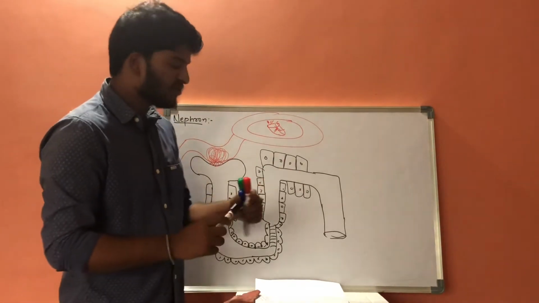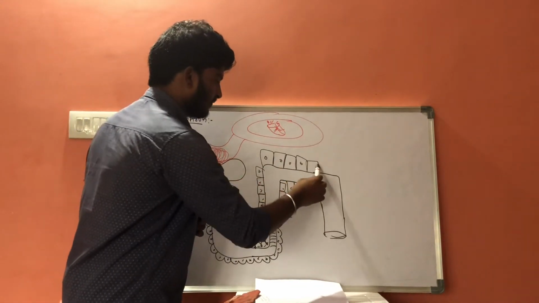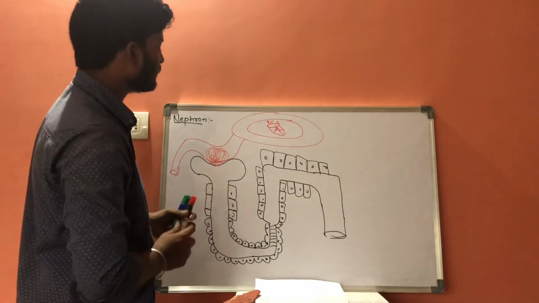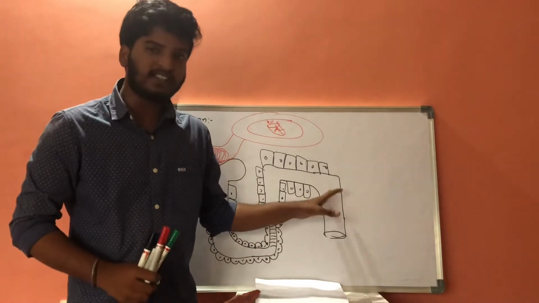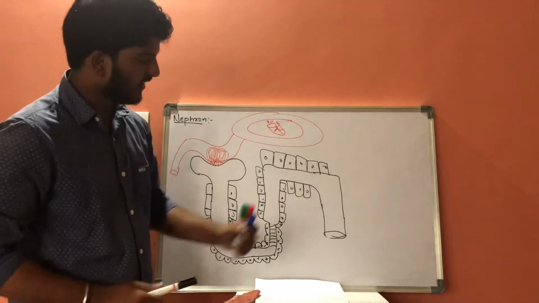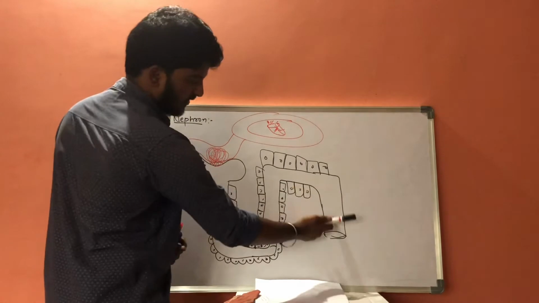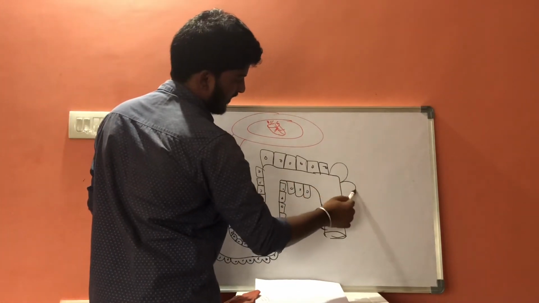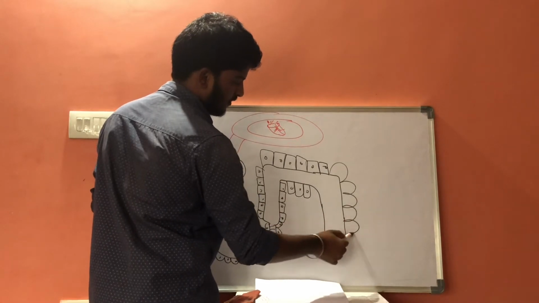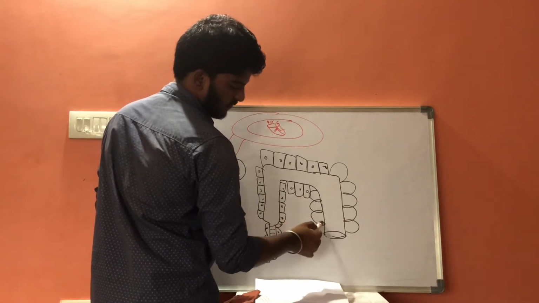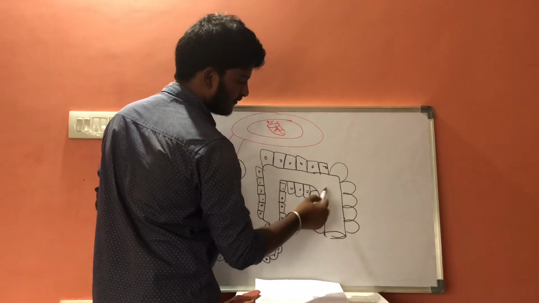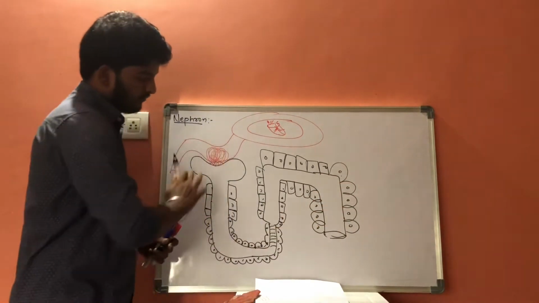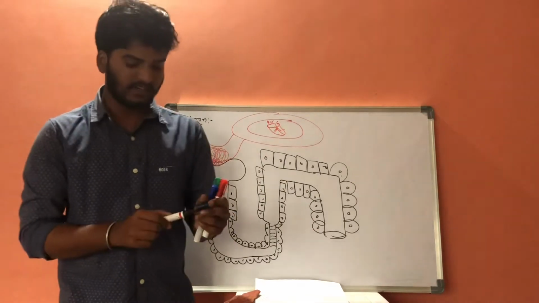And next to the DCT, the next part is the collecting duct, which is also made up of different types of epithelial cells. So this is the complete structure of the nephron.